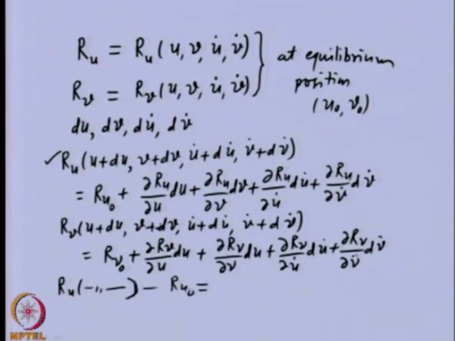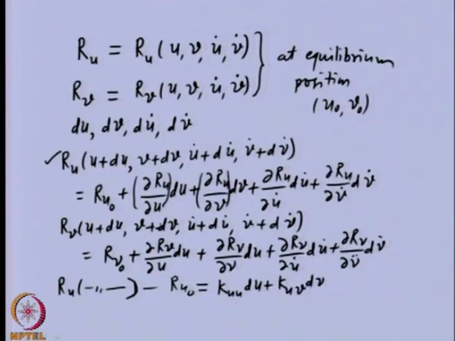This expression I write as, let us say, k u u into du, then this expression as a coefficient k u v into dv.